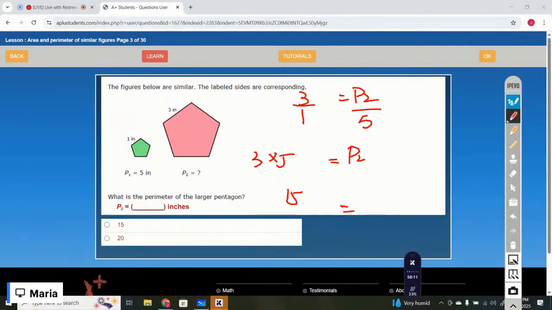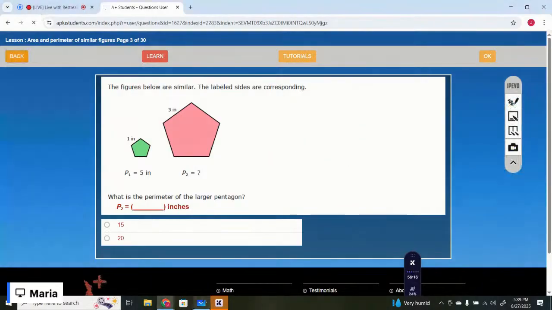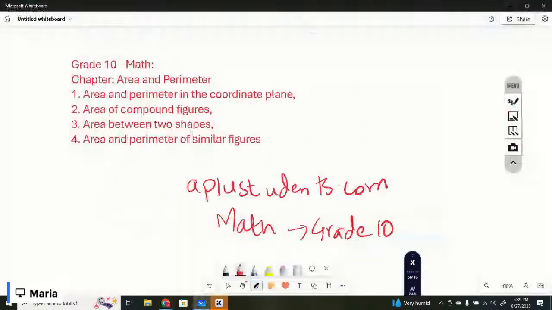Okay, you can complete the lesson by yourself later today. So we were working on grade 10 math. The chapter we were working on is area and perimeter.